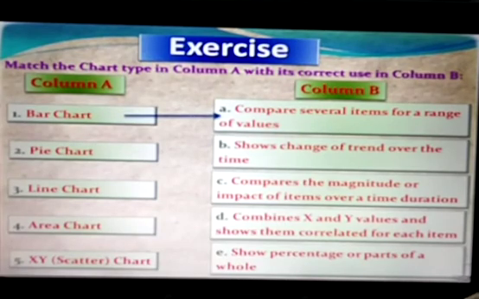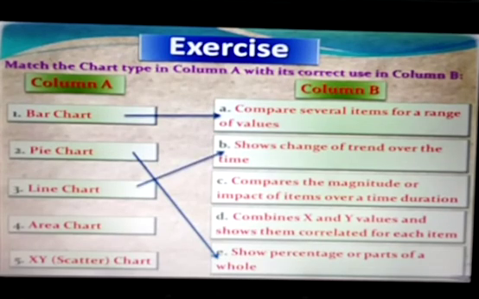Option A. Second, pie chart shows percentage or parts of a whole. Option E. Line chart shows a change of trends over the time. Option B. Area chart compares the magnitude or impact of items over a time duration. Option C. And last, XY chart combines X and Y values and shows how they correlate for each item.